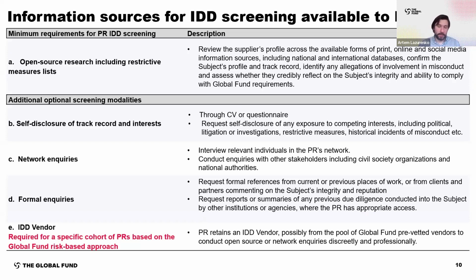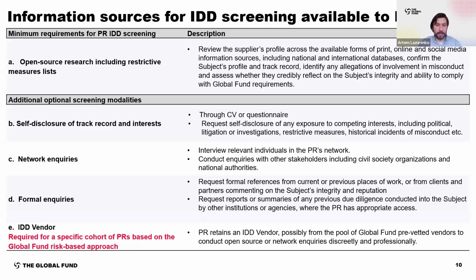In the modern world, this comes in many forms. You have the online and social media, and you also have the national and international databases. They will vary from country to country. Some countries maintain specific databases with regard to particular kinds of misconduct, especially in countries, for example, more exposed to terrorism financing or terrorist activities.